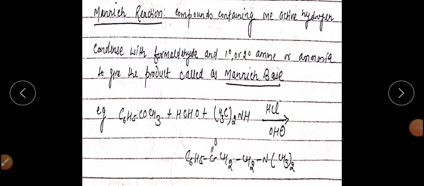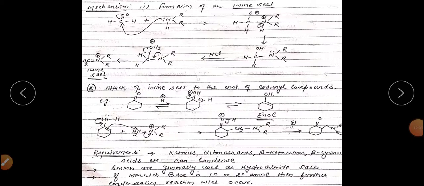So in the Mannich reaction we generally get the Mannich base as the product.